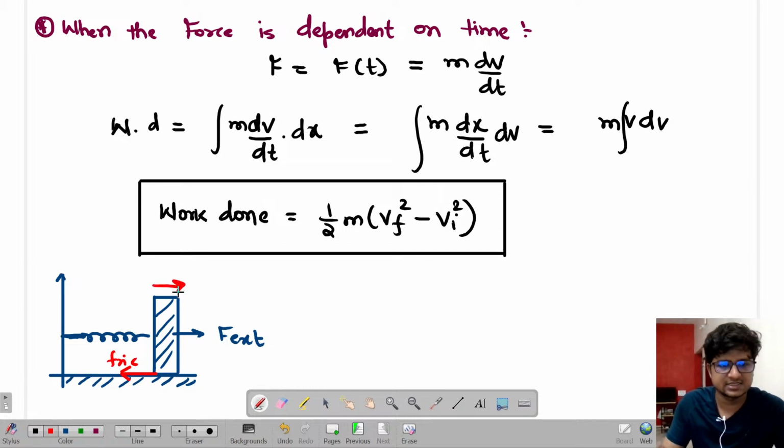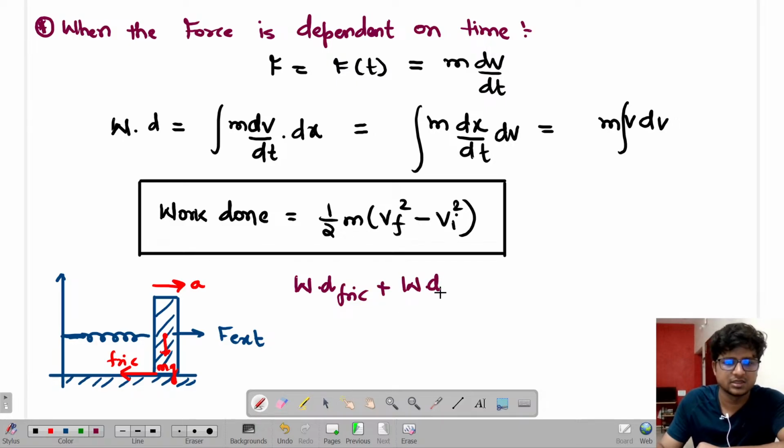And it has an acceleration, it has a weight, mg. So basically you can see that there are many forces. Work done is a scalar quantity, so work done by this friction plus work done by this mg plus work done by this F external plus work done by some kind of pseudo force.